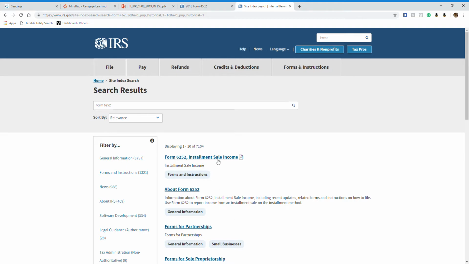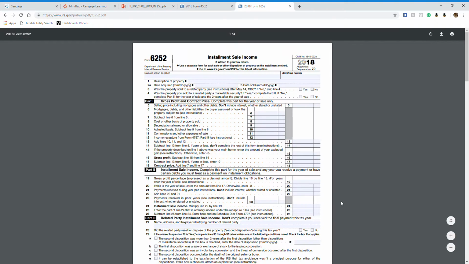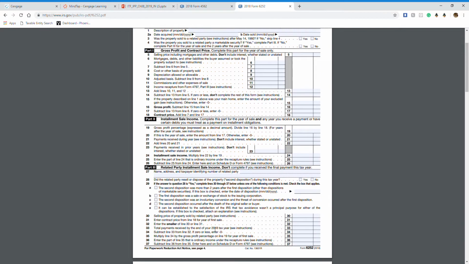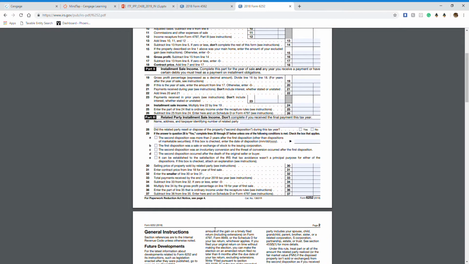This is an installment sale. And again, we're going to have to go through gross profit and a contract price. We're going to have to find out the installment sale income. We better watch out if it's a related party, because related parties have a specific rule.